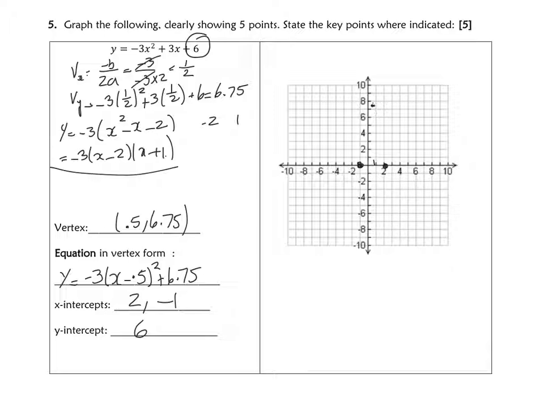And the y-intercept is 6, so the y-intercept is here. Now I'm going to just connect these points together, and I'm going to get a parabola which looks like the one which I just drew.